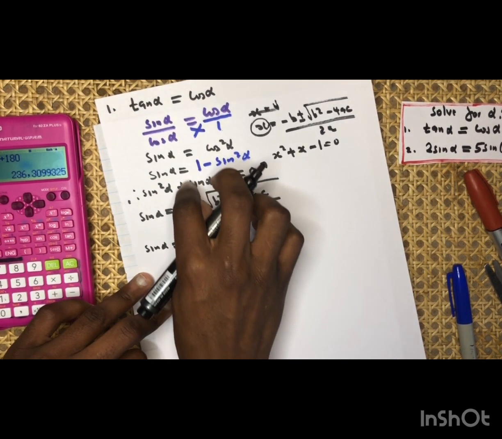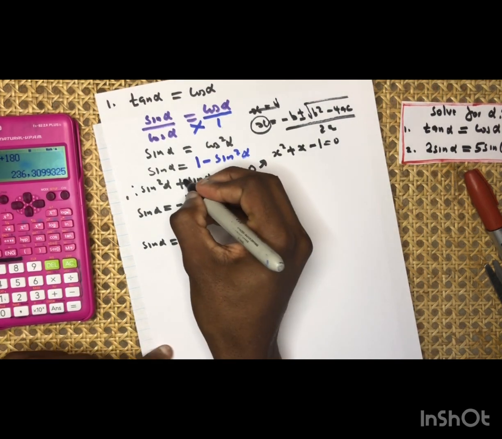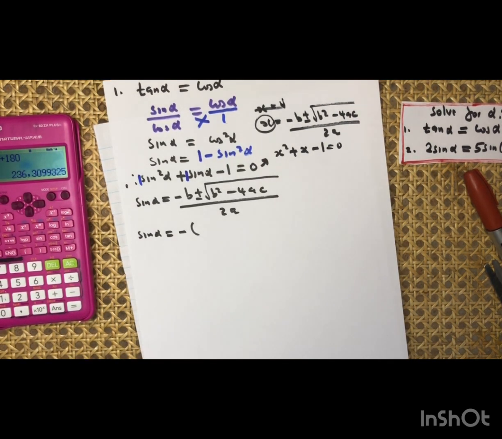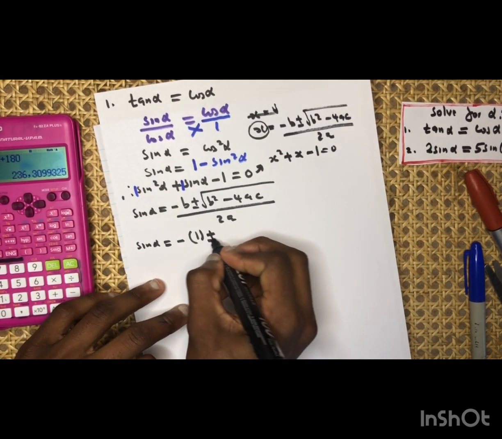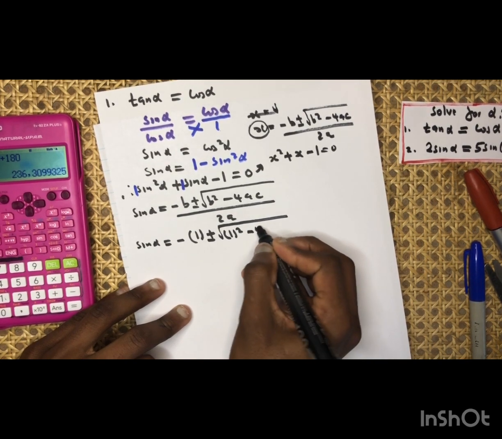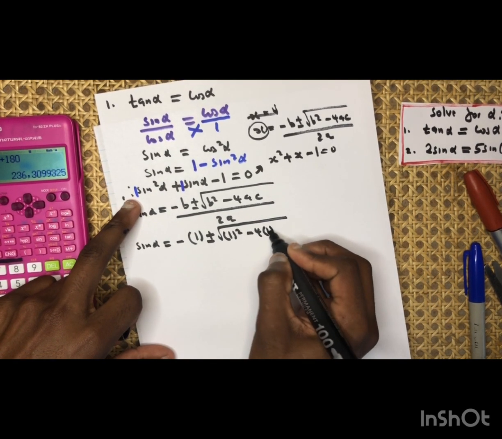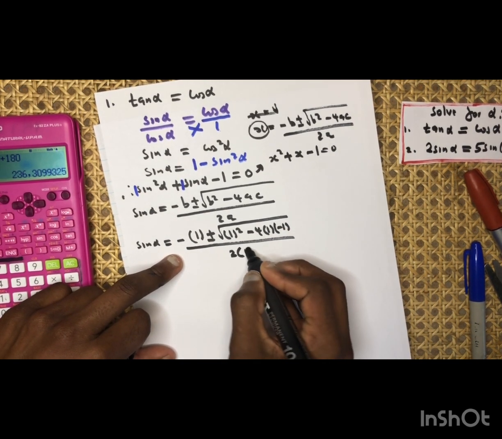Your b in this case, guys, is 1, because we see that we have a 1 here and a 1 here. So your b is 1, plus or minus the square root of 1 squared minus 4 into 1 and negative 1, over 2 into 1.